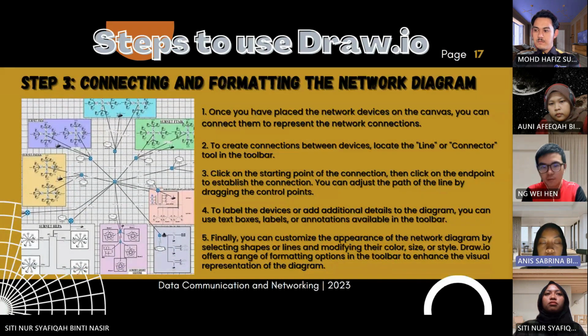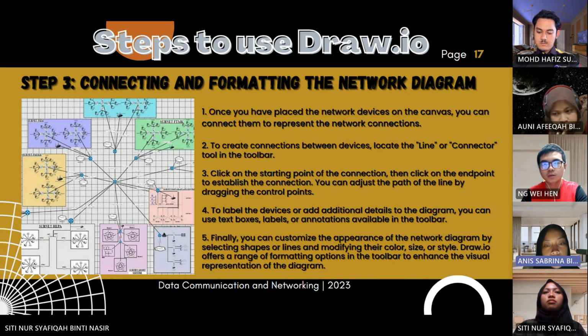So the last step is connecting and formatting the network diagram. Once you have placed the network devices on the canvas, you can connect them to represent the network connections. To create connections between devices, locate the line or connector tool in the toolbar. Click on the starting point of the connection, then click on the endpoint to establish the connection. You can adjust the path of the line by dragging the control points.